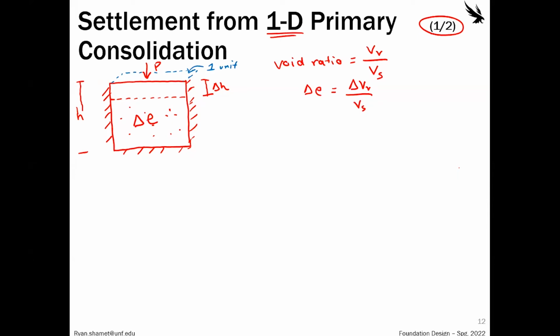Since we are in 1D, the change of volume is only going in one direction, but we can still show that the change of volume is technically a change of height times an area, and the volume of solid is just the original height times an area, but that area is staying the same.